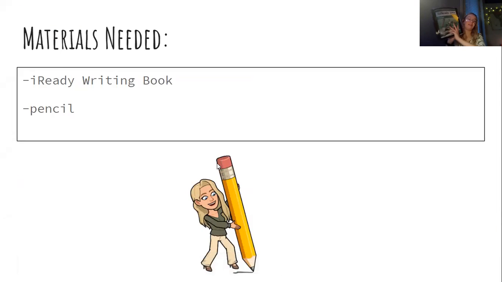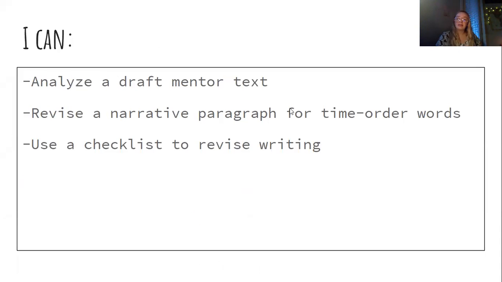Today you're going to need your iReady writing book and a pencil. And our I can statements for the day are: I can analyze a draft mentor text. I can revise a narrative paragraph for time order words. And I can use a checklist to revise writing.